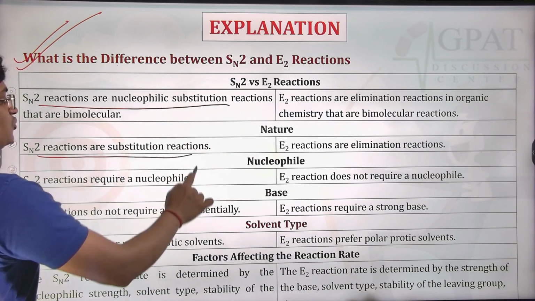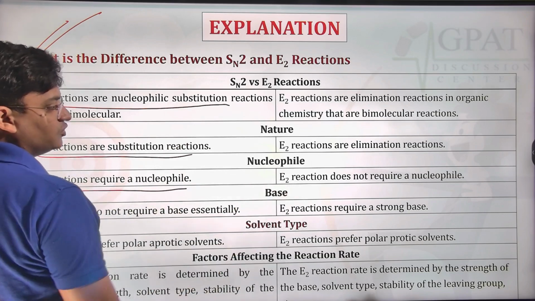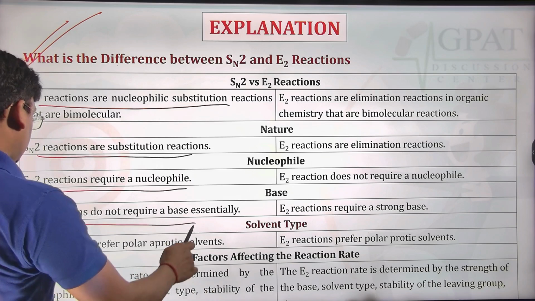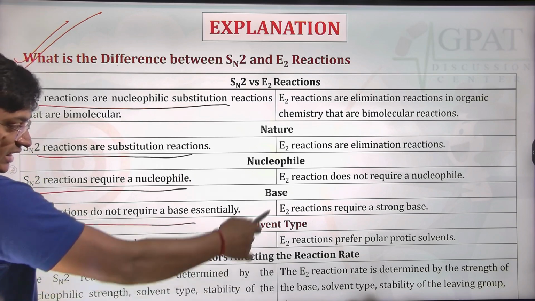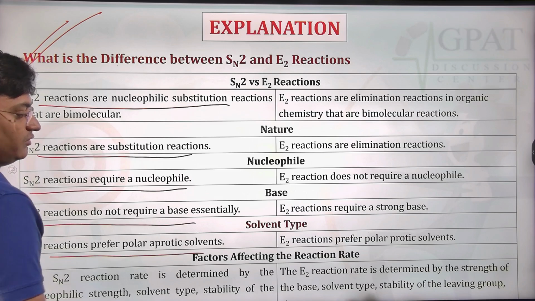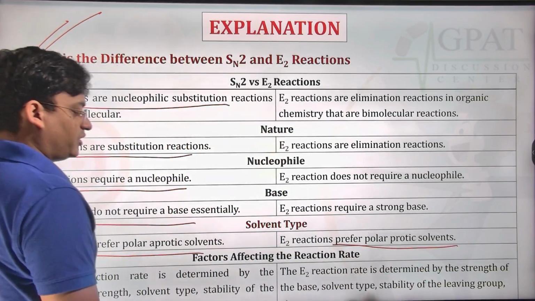SN2 requires a nucleophile, while E2 proceeds via a base. SN2 does not require a base, while E2 requires bases. For solvent type, SN2 prefers polar aprotic solvents, while E2 is preferred in polar protic solvents.